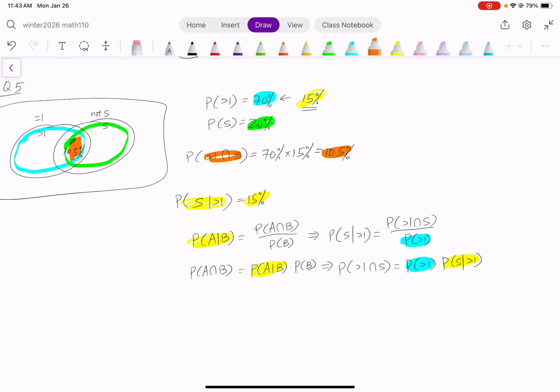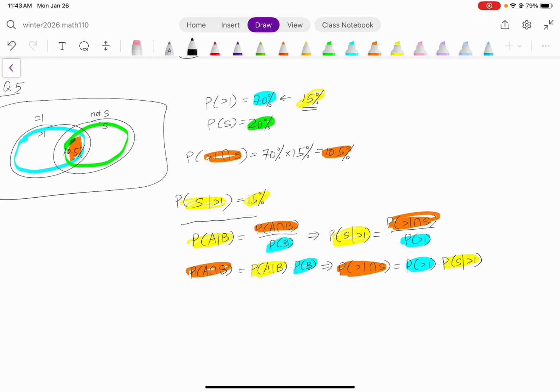And this is the intersection part. They're all actually the same number. And probability B is the probability of more than one car, and then the conditional probability. So it's one formula.